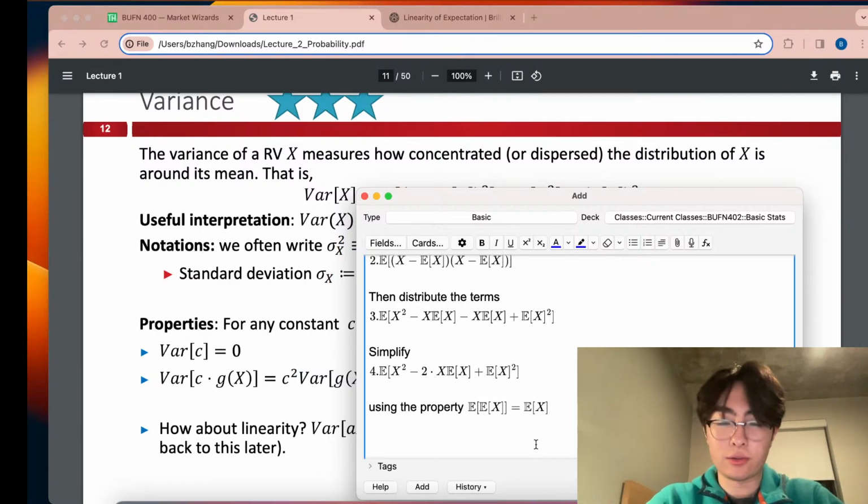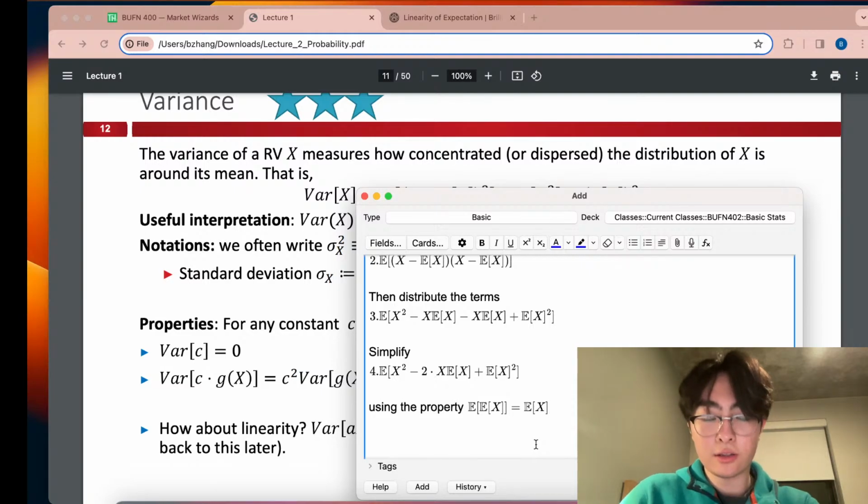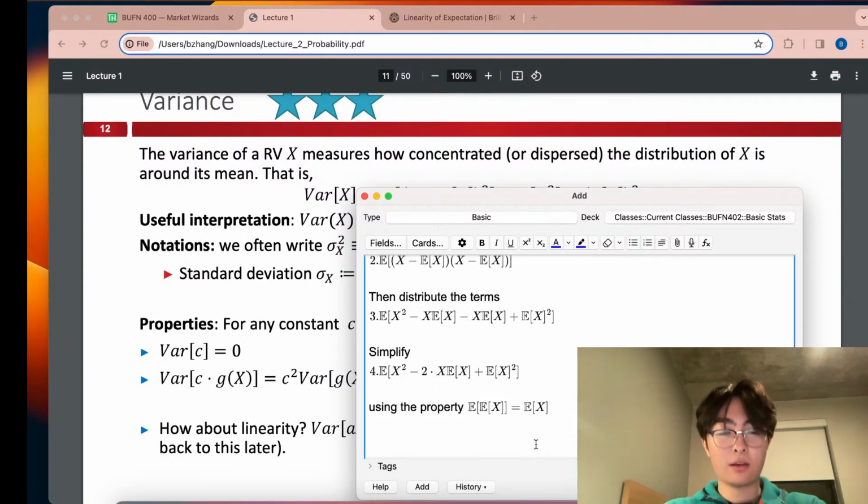Okay, maybe this only changes if x changes. So c is a constant and never changes, right? Expectation of x is a real value that does change.